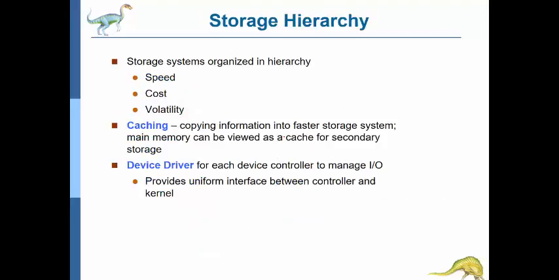Storage hierarchies: speed, cost, volatility. Volatility is not a problem, right? For example, RAM is volatile, but it's fast. So many stores that last forever. Last forever? We do not know yet in any experiments about forever.